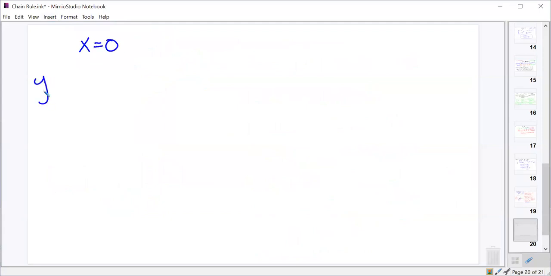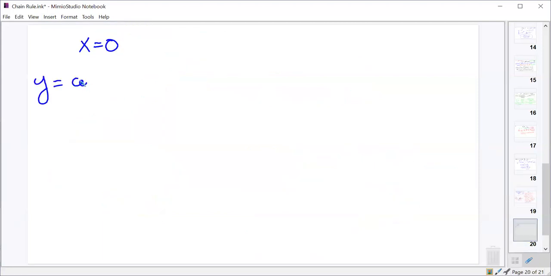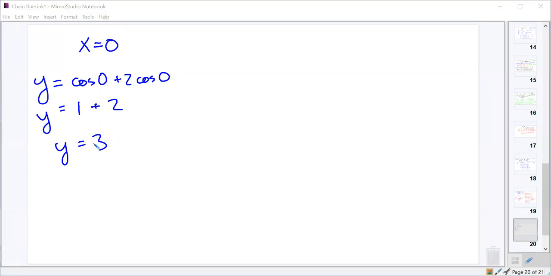So for x equals 0, what do we get? y equals the cosine of 0 plus 2 times the cosine of 0. Cosine of 0 is 1, and that's 2 times 1, so we get y equals 3 for x equals 0. Everybody good with that one?